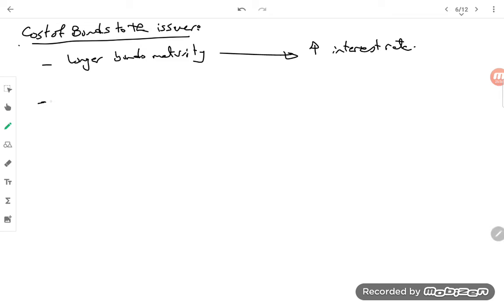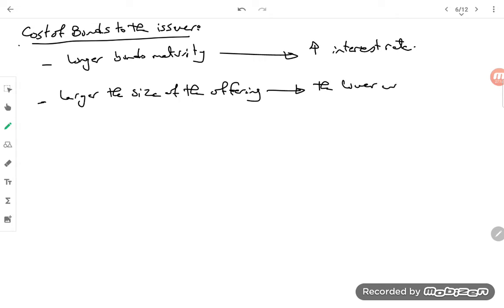The larger the size of the offering, the lower will be the cost of the bond. The greater the default risk, the higher the cost of the issue.